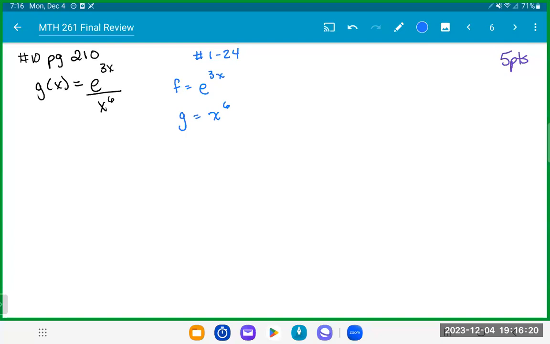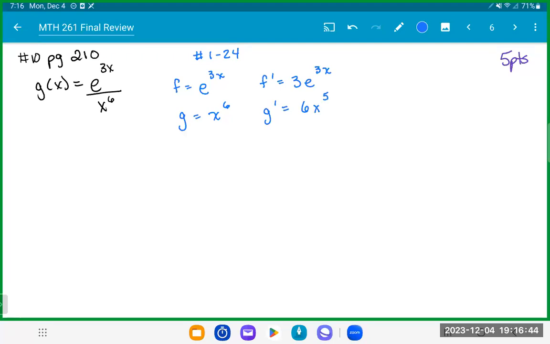Okay, so our f prime is going to be 3e to the 3x, and g prime is equal to 6x to the 5.